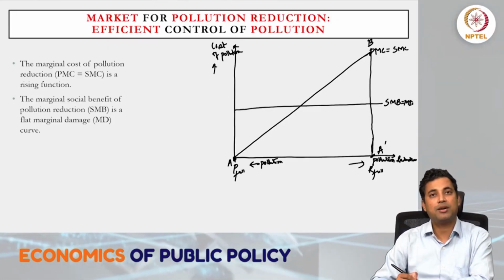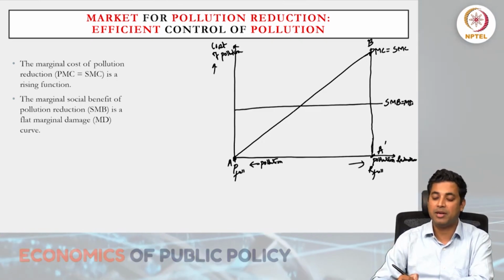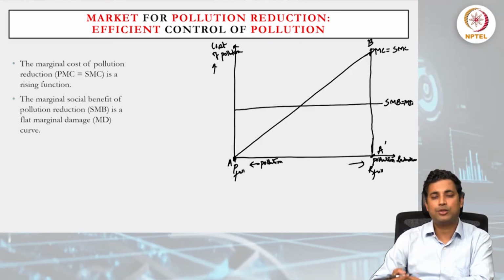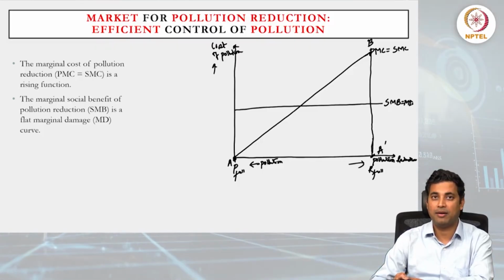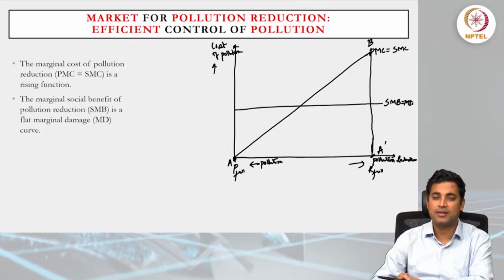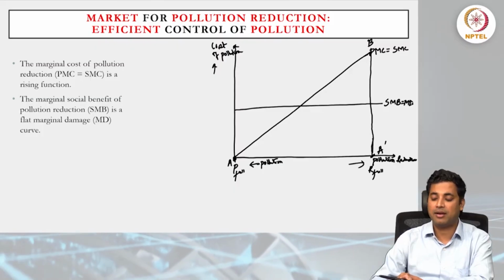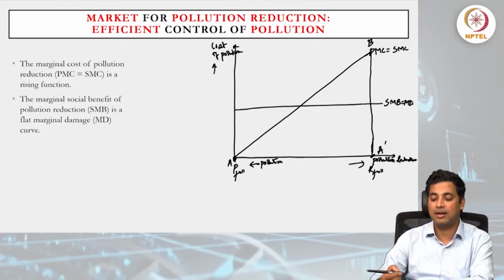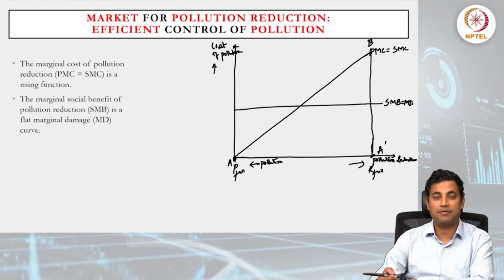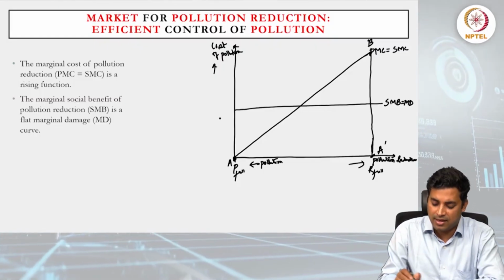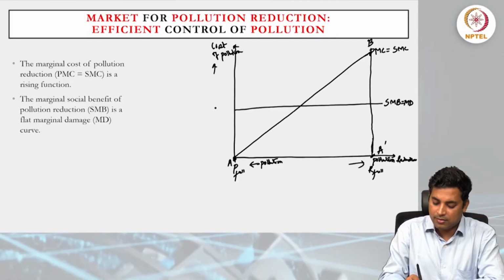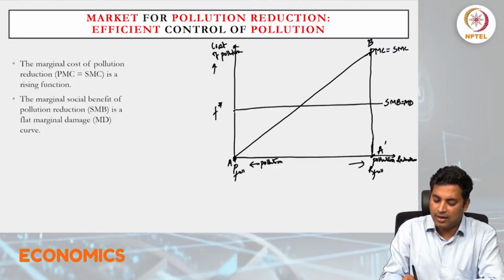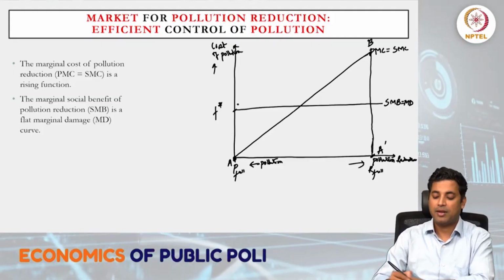Here social marginal benefit or private marginal benefit can also be downward sloping following the law of demand or law of diminishing returns, but here we are keeping it very simple, thinking it is fixed at f star level.